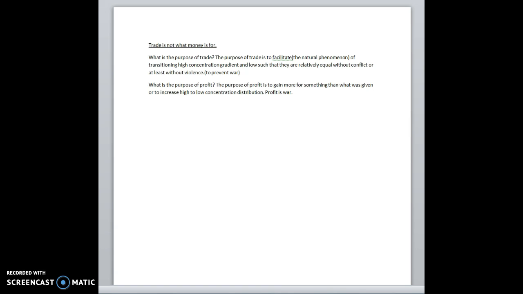So the point of that sentence, if it's not already evident, is people trade things they don't have for things that they do have, and this is supposed to create some degree of homeostasis, balance. This is what it's all about.